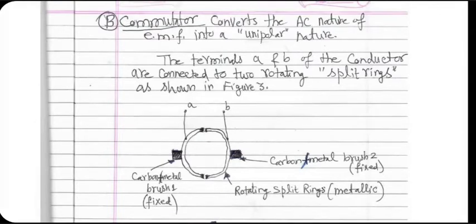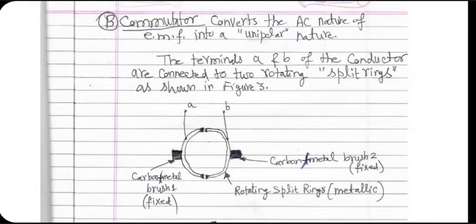Okay, let's discuss keeping only 1 loop in our mind. So 2 terminals coming out, small a and small b. One of them is connected to a semicircular rotating ring, and the other one is connected to another semicircular rotating ring. To each of the rings we connect fixed so-called brushes, which collect the voltages from these rotating rings.